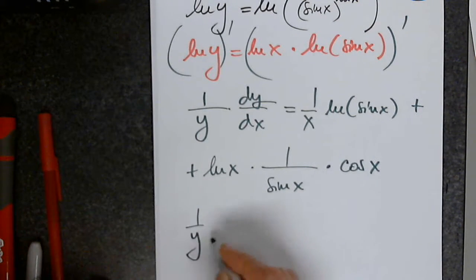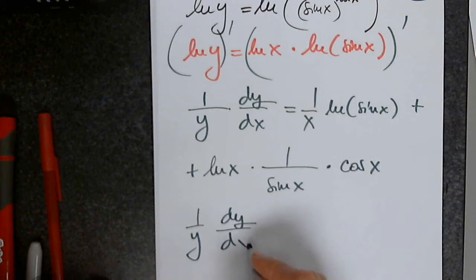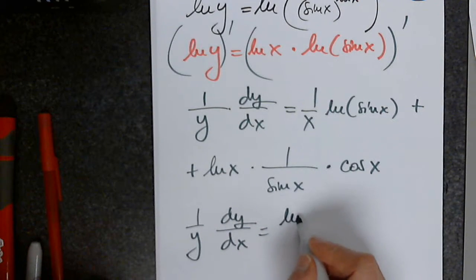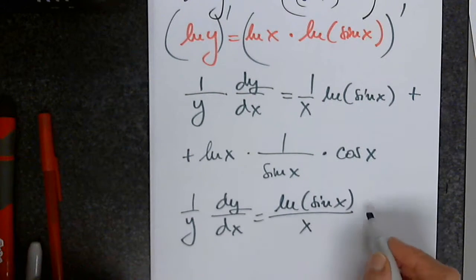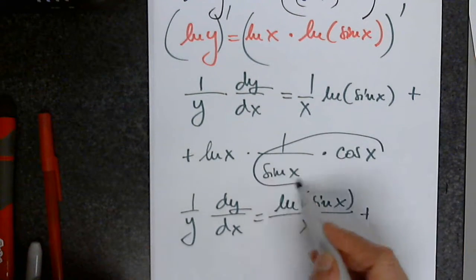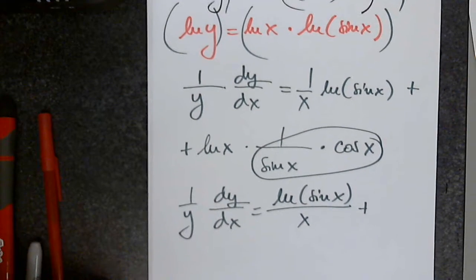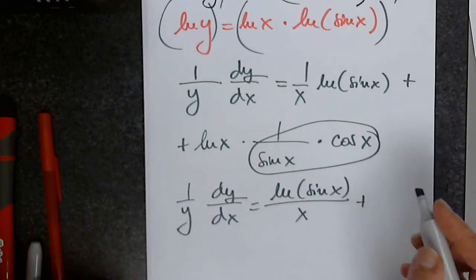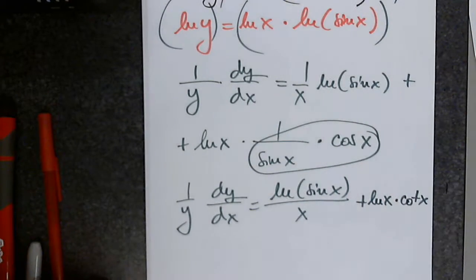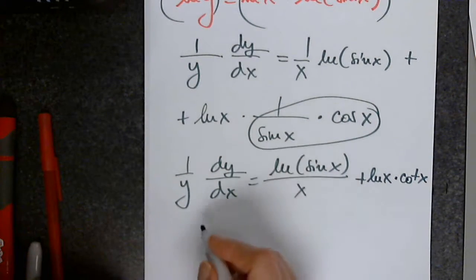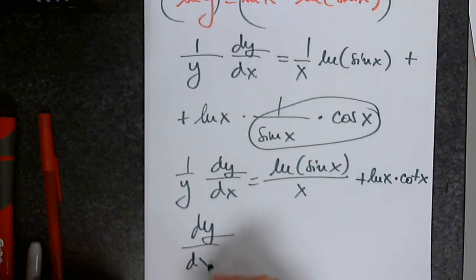So 1 over y dy over dx equals natural log sine x over x plus, what is this? How do we call it? Yes, plus natural log x times cotangent x. Good. So now I'm ready to find dy over dx.